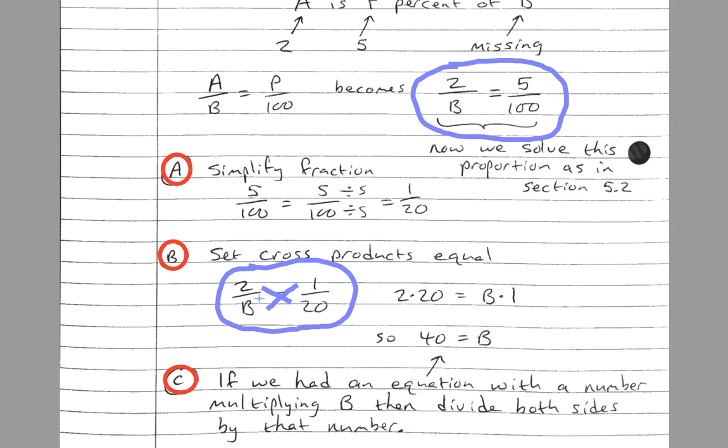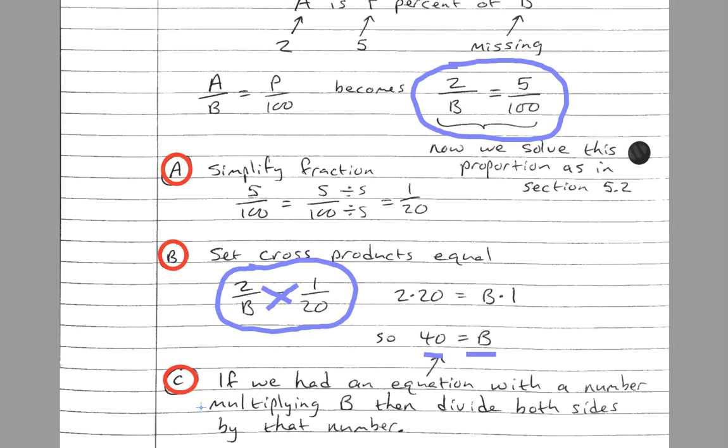Remember that from the last section. The first cross product is 2 times 20, that's 40. And the other cross product is B times 1, so that's just B. Right away we get the answer: that missing number is 40.